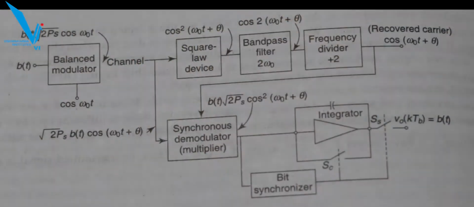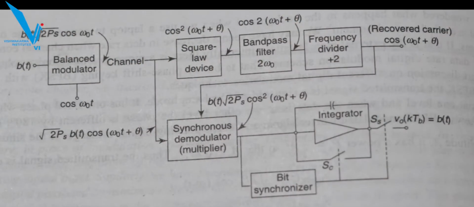The frequency divider is basically composed of flip-flops. It will have flip-flops and also narrow band filters tuned to F0. So this regenerates the carrier, which is cos of (omega 0 t plus phi). Now this retrieved carrier is given as an input to the synchronous demodulator, to which another input is again the received signal.